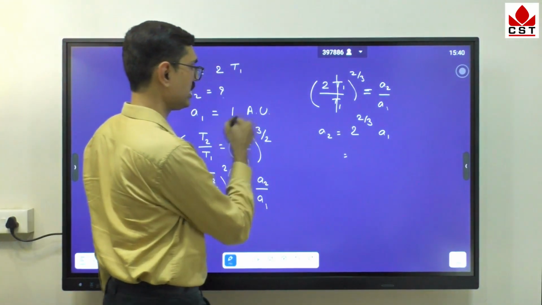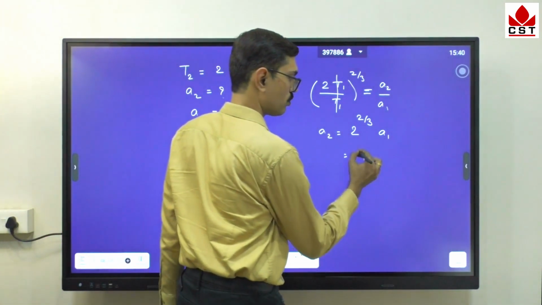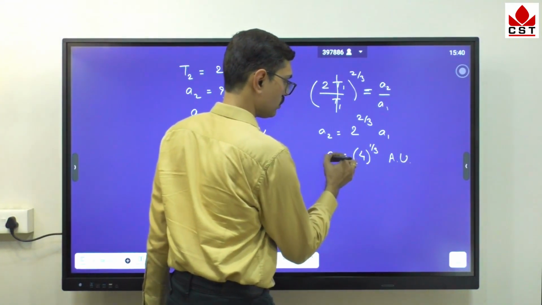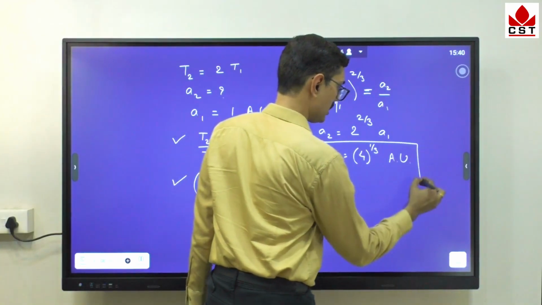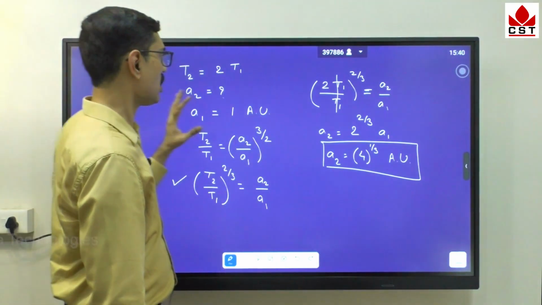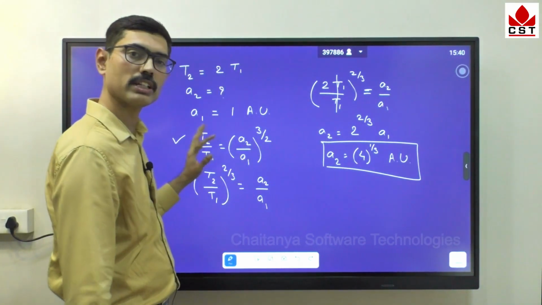So A1 is 1 AU, 2 raised to 2 is 4, cube root of 4 is our final distance in AU. So we will get A2 is equal to cube root of 4 AU. Is it clear? So this is all about Kepler's law. There are 3 laws, 3 equations, and Kepler's law is completed.